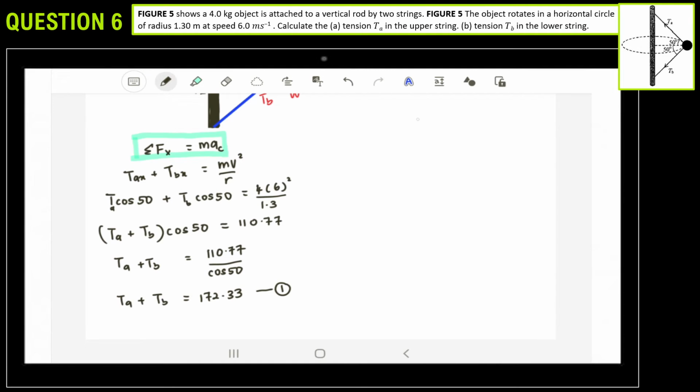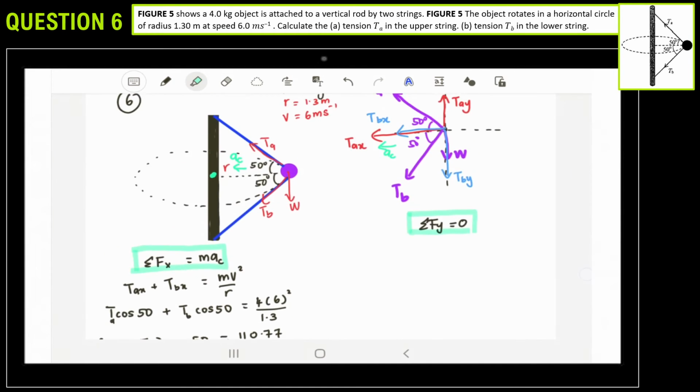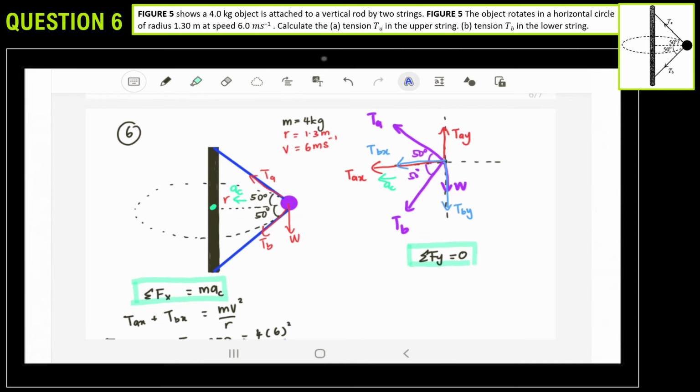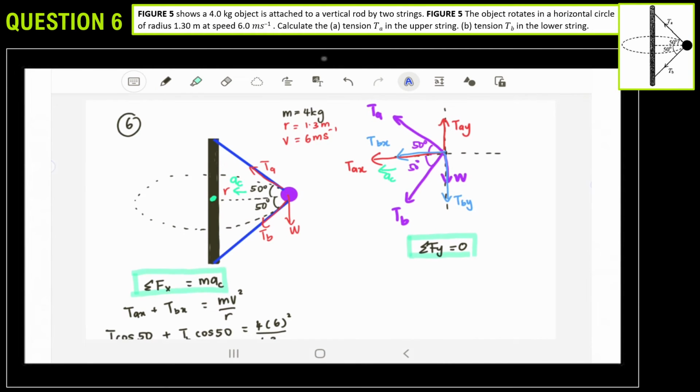Now let's proceed to the total Fy equal to 0, since the object is not moving in the y component, so we straightly write 0. Check your free body diagram. In the y components we have TAY plus negative TBY plus negative W, because the direction is downward, equal to 0.